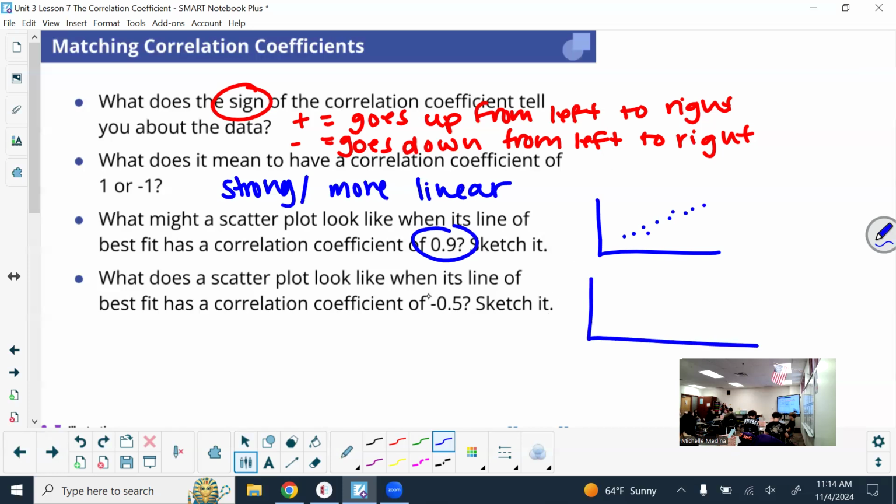If I have an R value of -0.5, would we expect it to go up or down? Down because it's negative. Would we expect it to be close to a line of best fit or not?